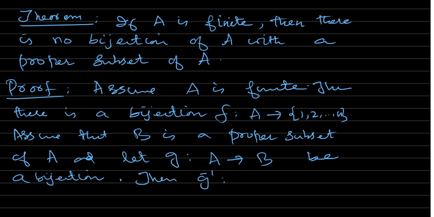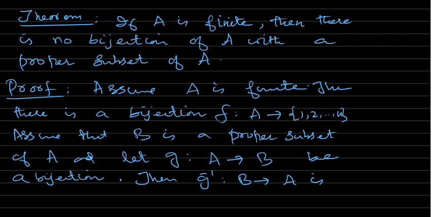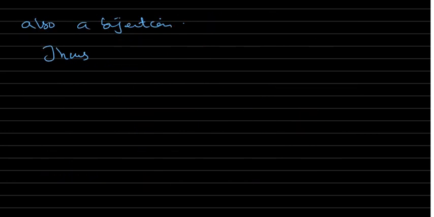G inverse from B to A is also a bijection. So thus let's take the composition. Now we can define the composition of G inverse and F. So it's F G inverse.